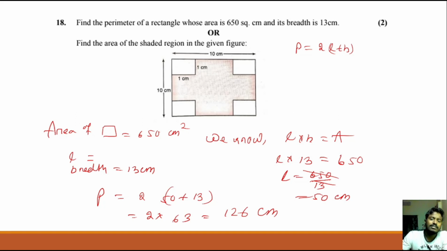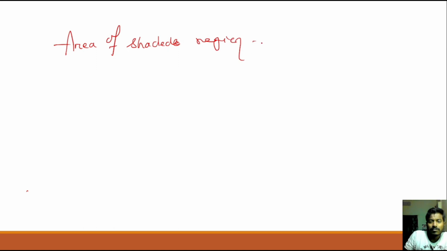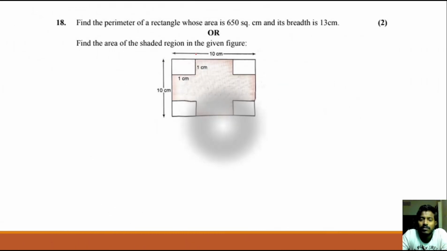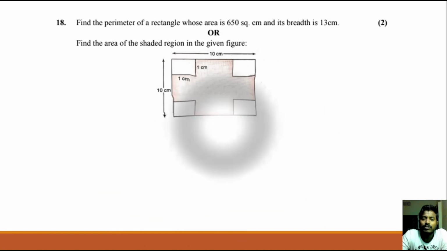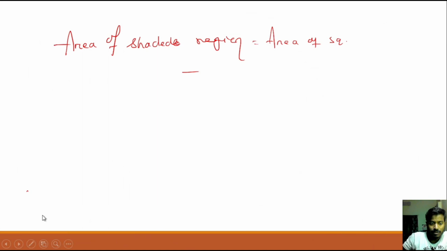Okay, area of the shaded region is equal to area of square minus 4 into area of the small square. Yes or no?